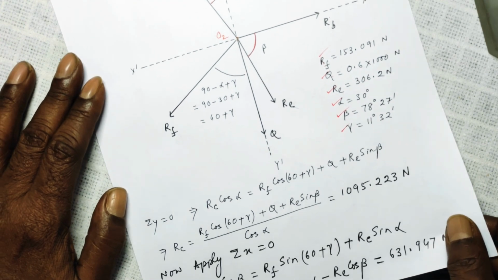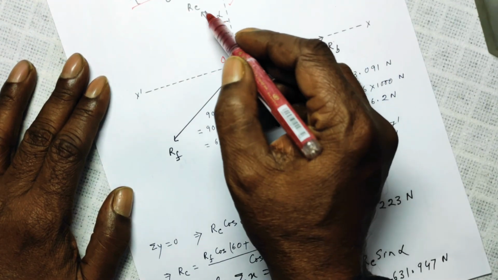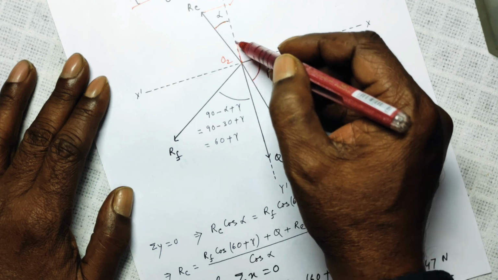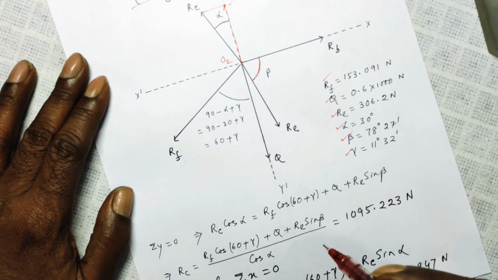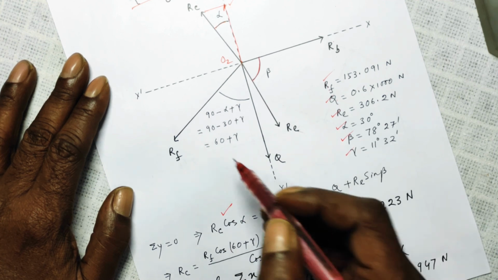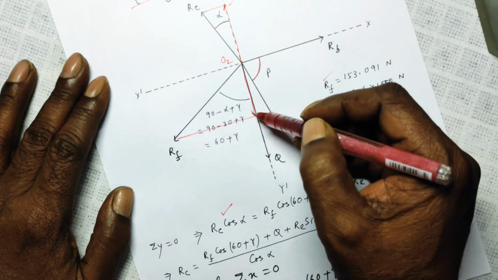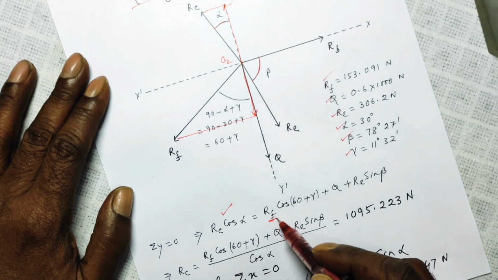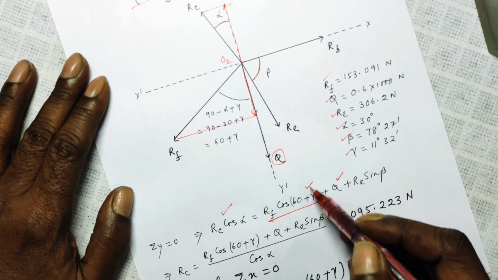So let us apply sigma y equal to 0 first. Means if you drop a perpendicular here, from here to here will be your RC cos alpha. Now RC cos alpha is being opposed by, if you drop a perpendicular from this point to this point, RF cos 60 plus gamma, and Q is also in the same direction, so it is added.